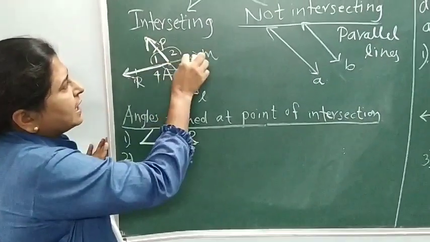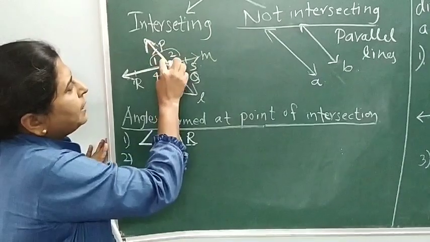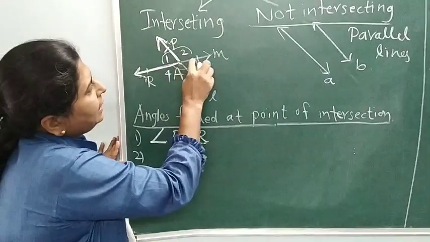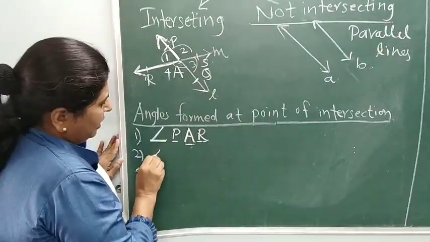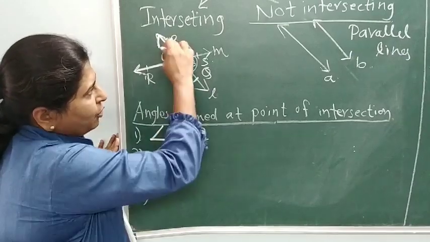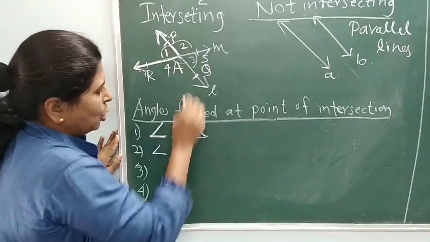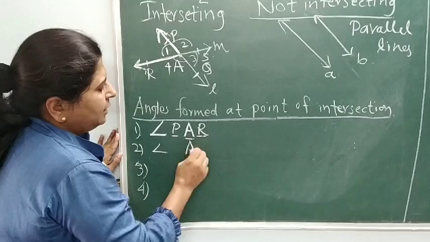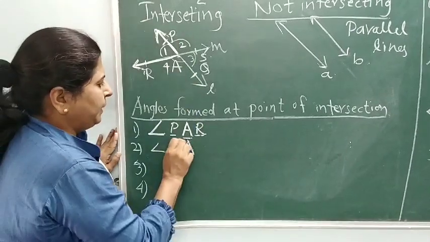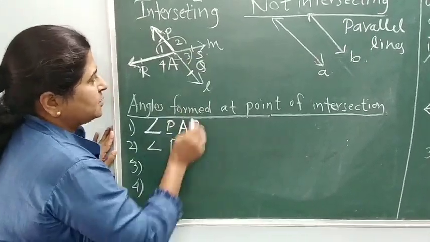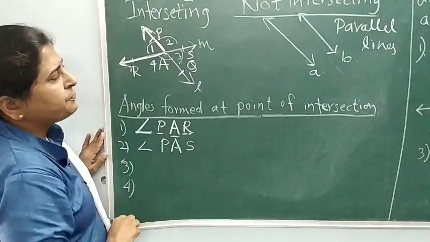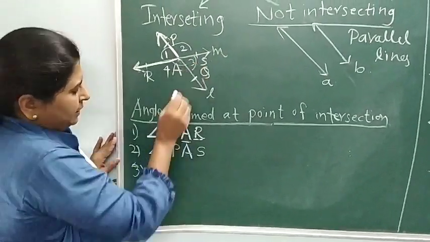What is the name of the second angle? The second angle, you can see from the figure, is PAS. You can write it directly if you observe and understand, or using this method: A in the center, one arm going towards P and another towards S. PAS is the other angle. Which is angle number 3 here?